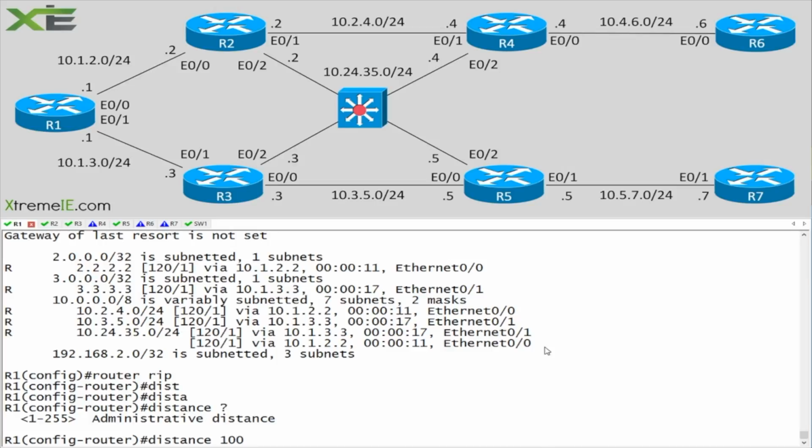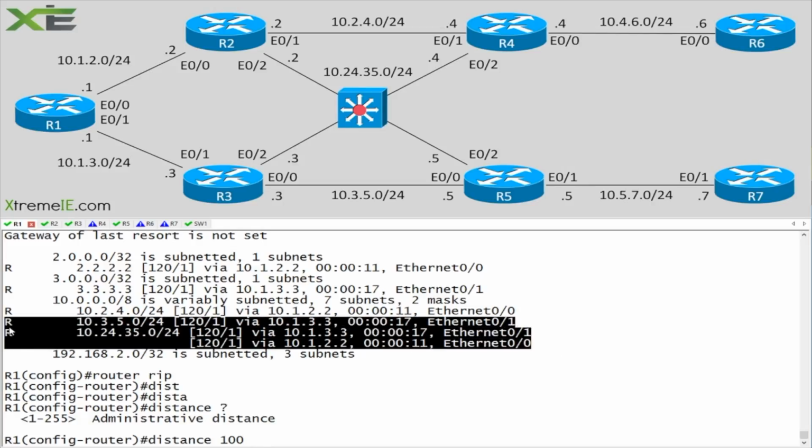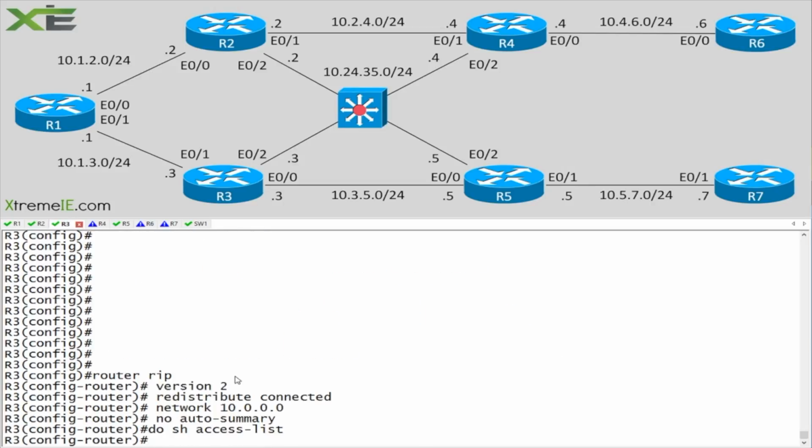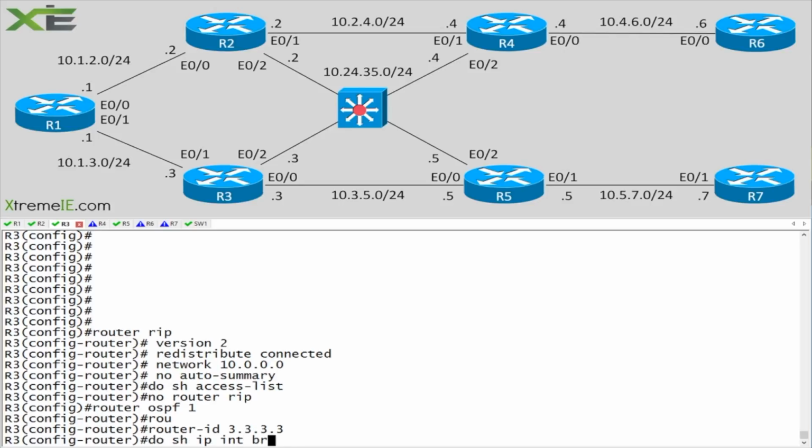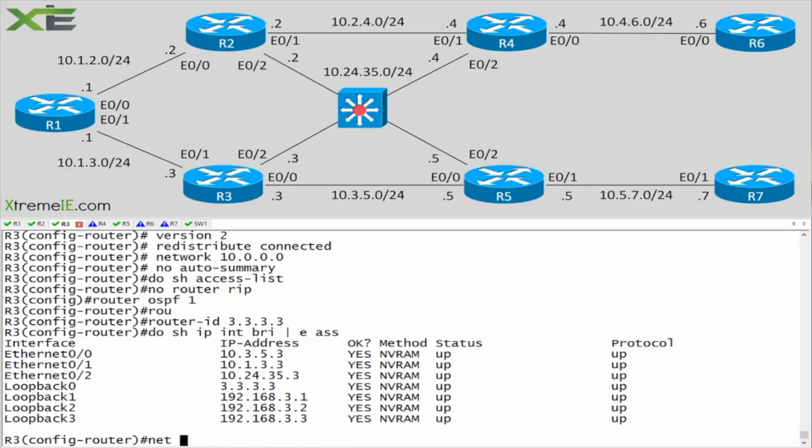Let's assume here that we had OSPF coming in from one side. Actually, let's do that. So we'll say no router rip. And we'll say router ospf 1, router-id 3.3.3.3, do show ip interface brief. Let's say network 10.1.3.0.